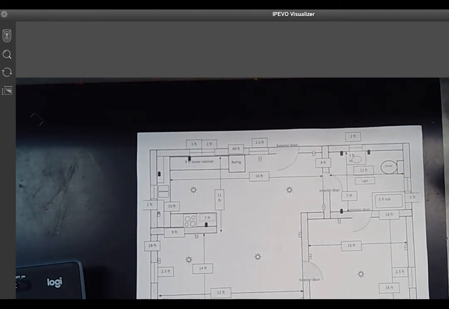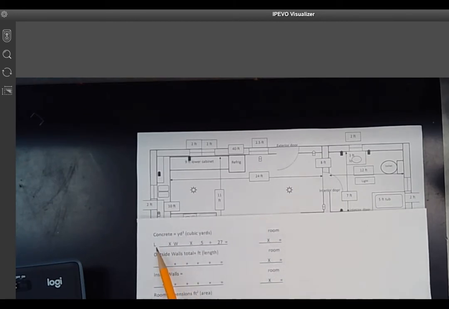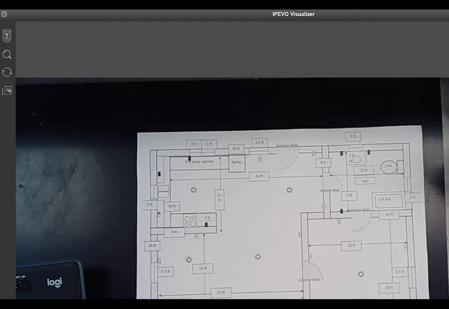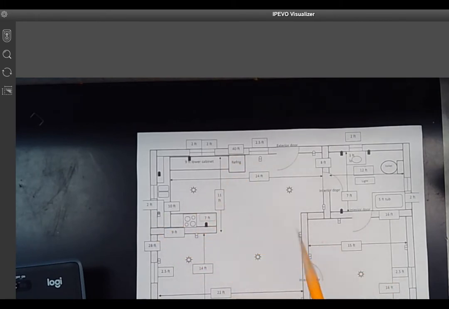So the very first thing you want to do is go to the top of the sheet here, which is this one. Now, the first thing it wants is the length times the width, and then I'm going to times it by how thick the concrete is, which is 6 inches, and then divide by 27. So the length of this first wall is 40 feet, and its width is 28. So you'll fill it in right here, 40 by 28.